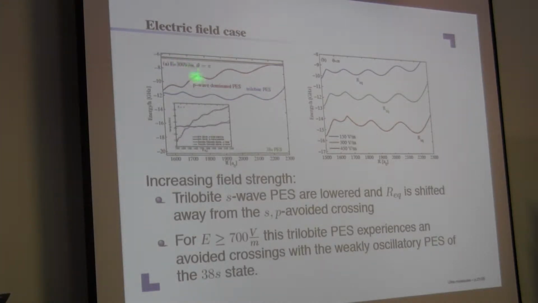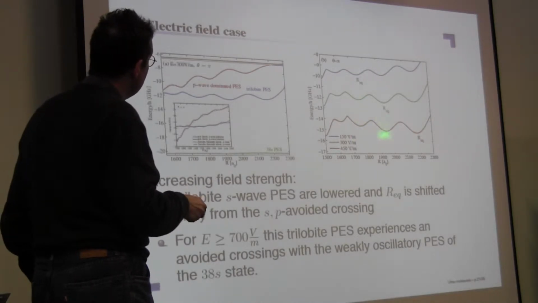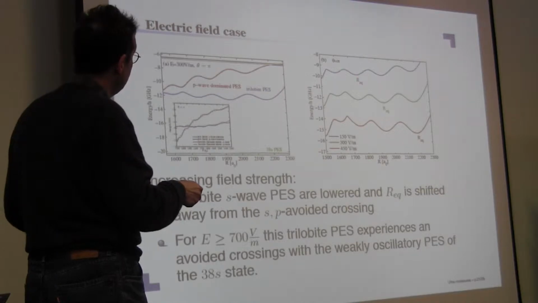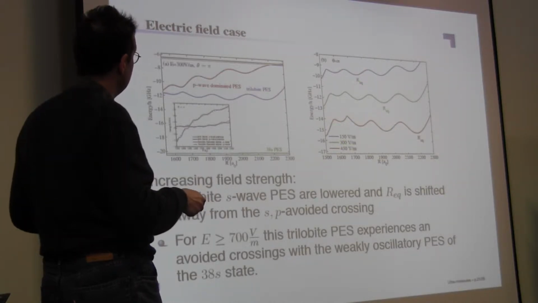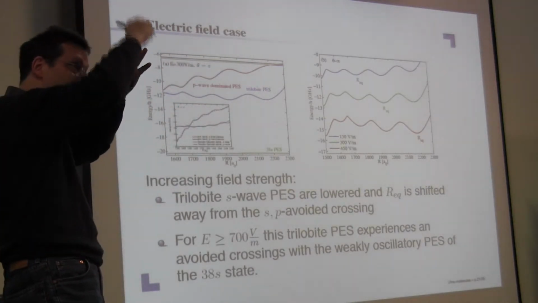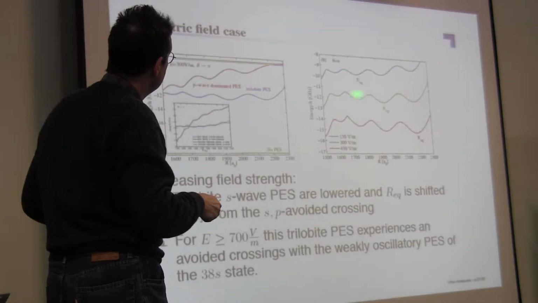Now, if you switch on an electric field, something very favorable happens to your system. Essentially, you keep the positions of these minima, but what happens with increasing electric field, these are three curves with increasing electric field, is that you not only shift the curves, this is one issue, you make an absolute shift in energy, but you make a relative shift of the different minima.